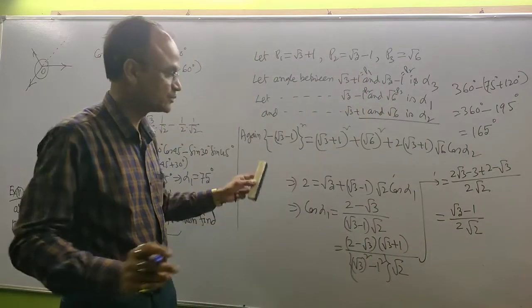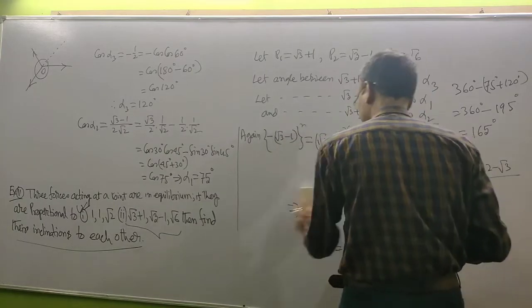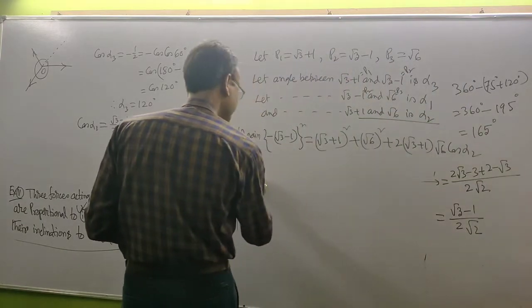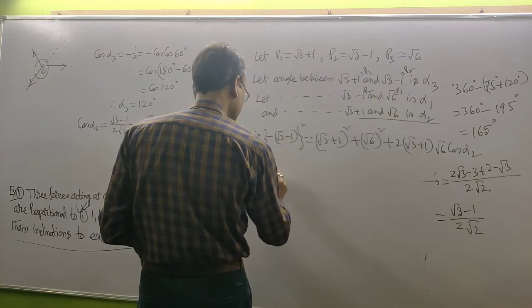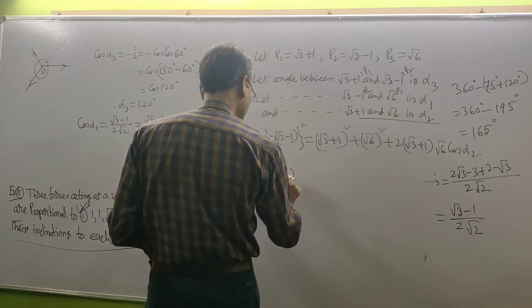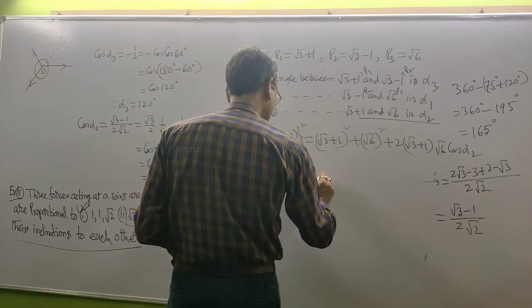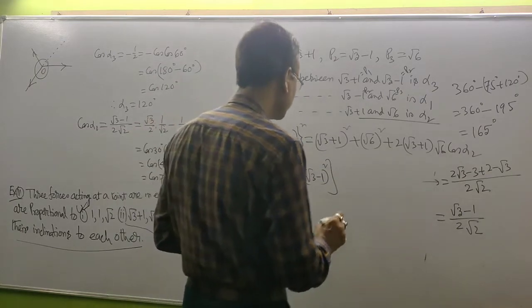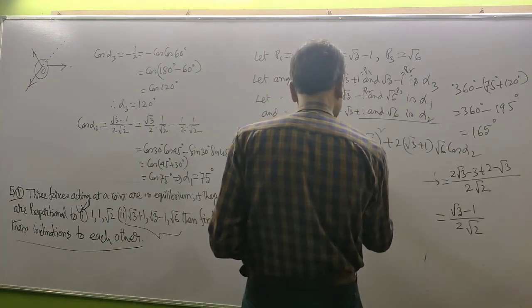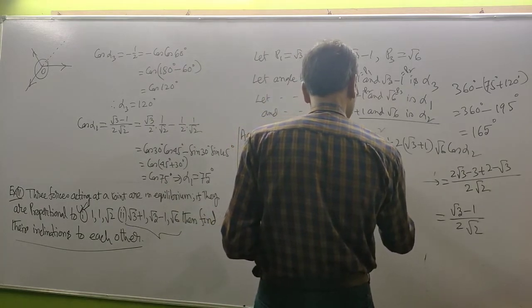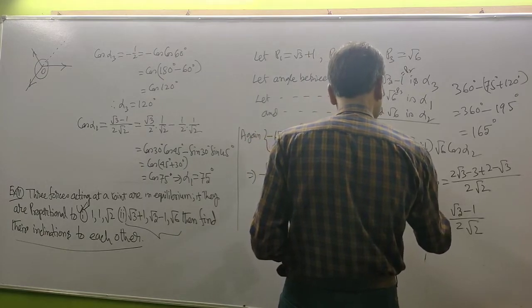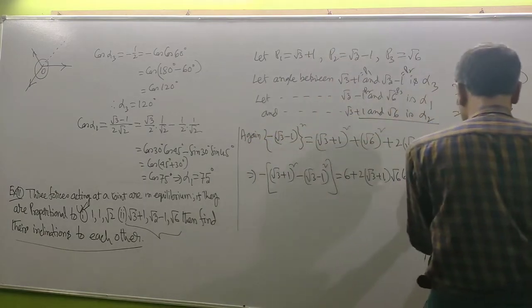This means minus root 3 plus 1 whole square minus root 3 minus 1 whole square, you may write like this, should be equal to 6 plus 2 times of root 3 plus 1 into root 6 cos alpha 2.